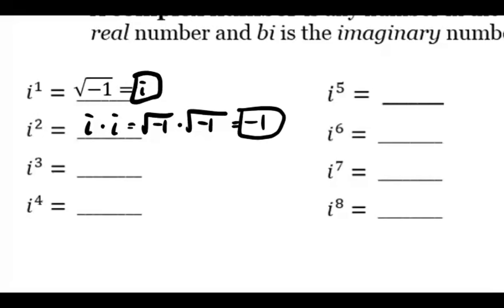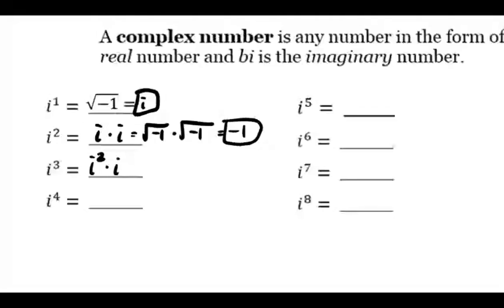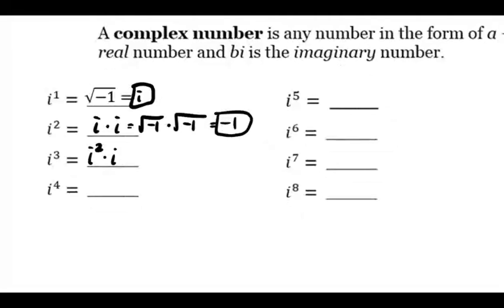I to the third power. Is there another way I can write I to the third power using the stuff I already know? I already know I to the first power is I, and I know I squared is negative 1. So can I rewrite I cubed like this, I squared times I to the first? Is that the same thing as I to the third power? Add the powers, right?